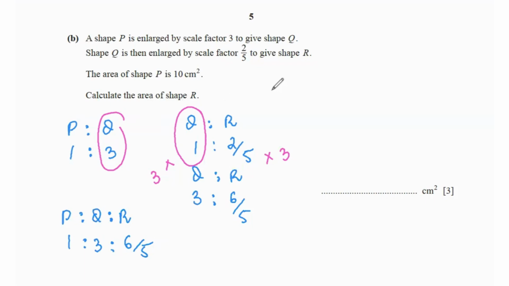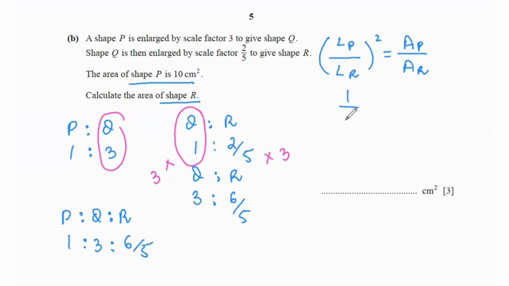So in this case, since we're trying to find the area of shape R and we have the area of shape P, length of P over length of R being squared is equal to area of P over area of R. 1 over 6 over 5 being squared equals 10 over AR.